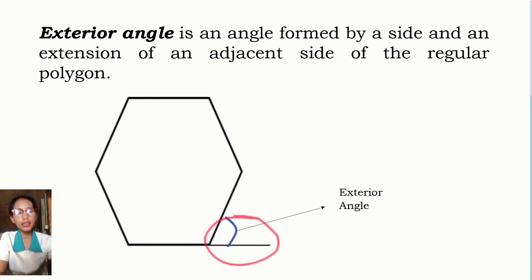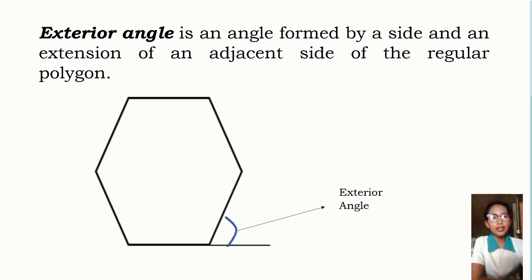Any line na mag-extend sa figure na iyon ay makaka-form siya ng angle, and ang angle na iyon is masasabi natin exterior. Exterior is nasa labas ng polygon. Yan yung exterior angle.